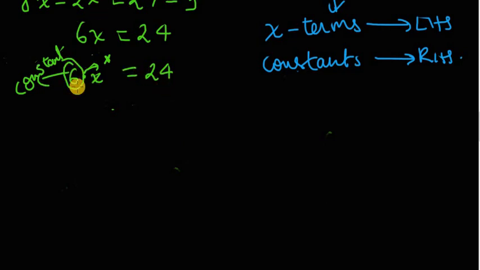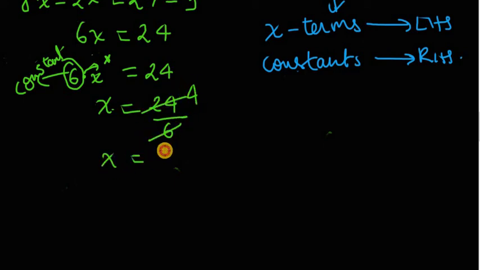Okay, but if a number is in multiplication, you have to convert it into division and vice versa. Okay, so here 6x is in multiplication, that means 6 into x. So 6 is in multiplication with x. So if that is in multiplication, we have to convert it into division when we shift it to the other side. Okay, so here it was into 6, here it will be divided by 6, so you can cancel this. 6 4s are 24, so x equals 4.